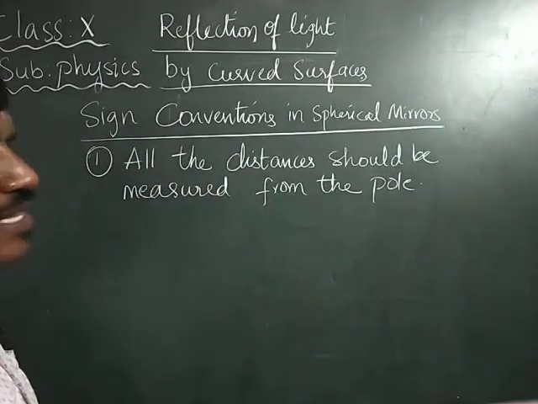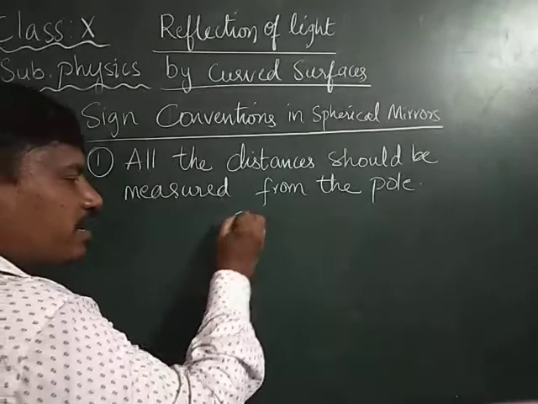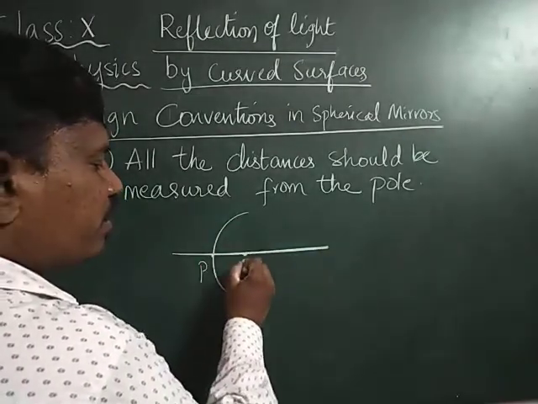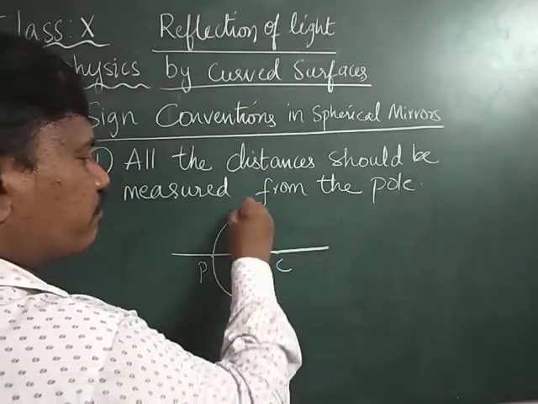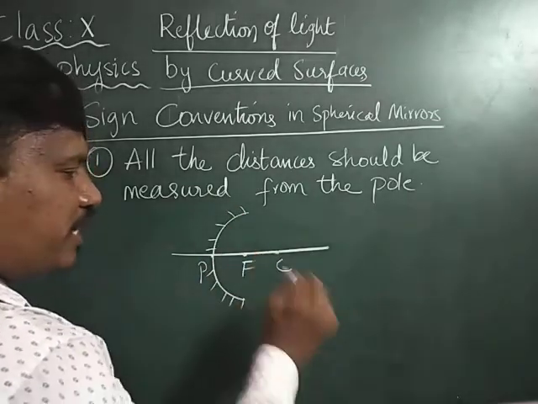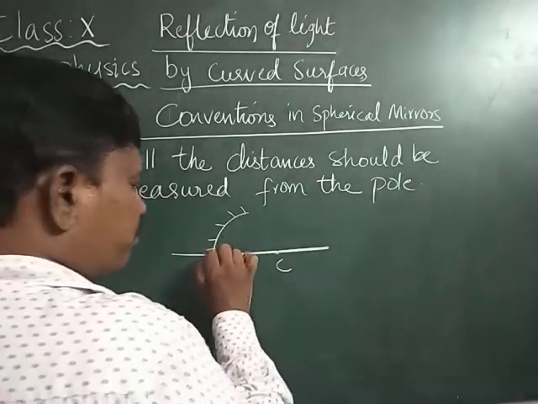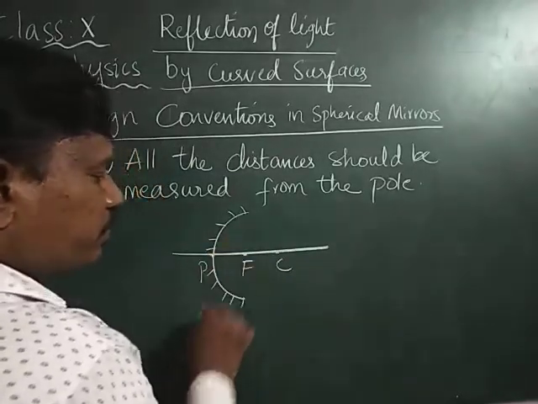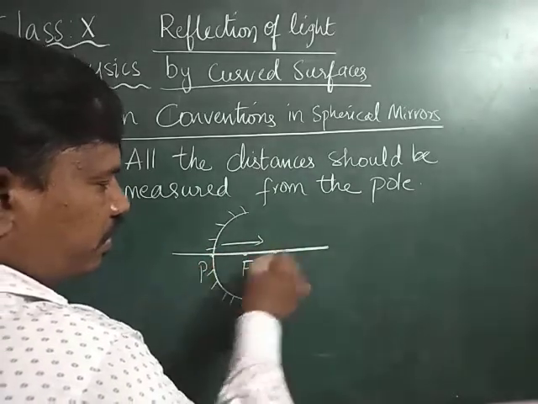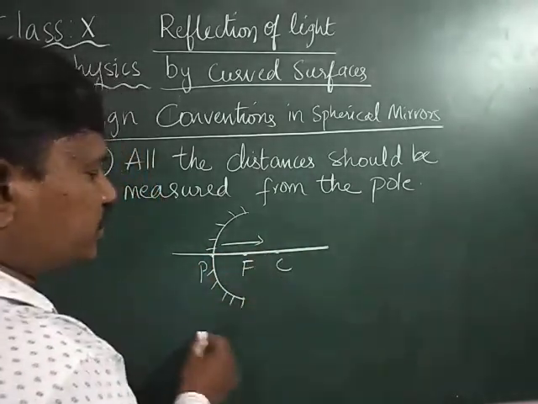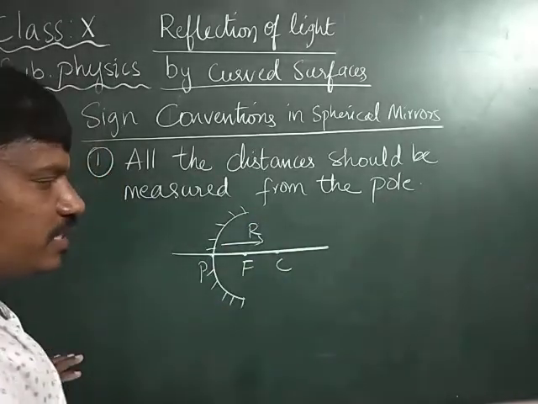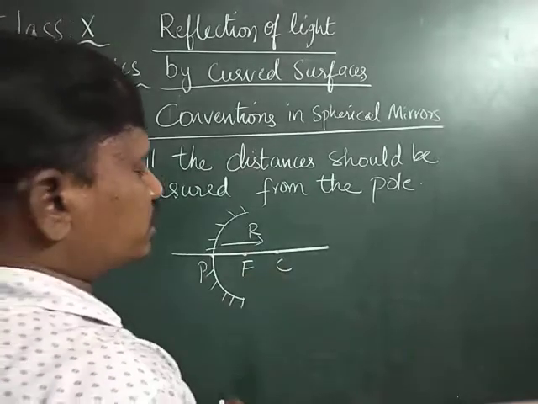What do you mean by this? If we take a mirror, whether it is concave or convex, normally P here, F here, C here. When we are measuring the distances, P to F or P to C, the distance between the pole and the center of curvature is called the radius of curvature.